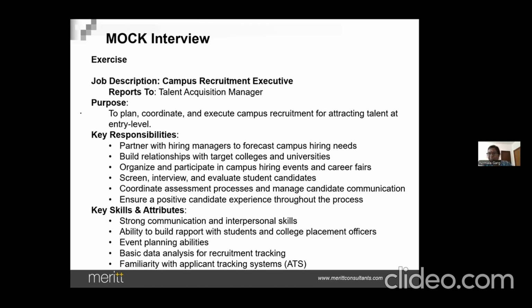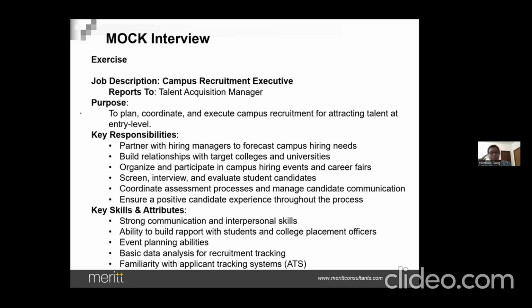You can take a picture of this. Builds relationships with target colleges and universities, organizes and participates in campus hiring, screens, interviews, and evaluates student candidates, coordinates assessment processes, manages candidates' communication, and ensures a positive candidate experience. This is the JD, KK.